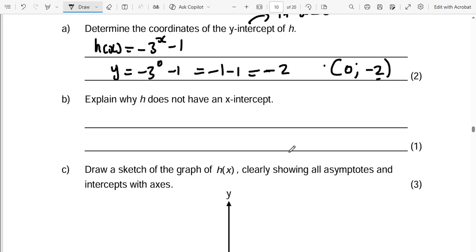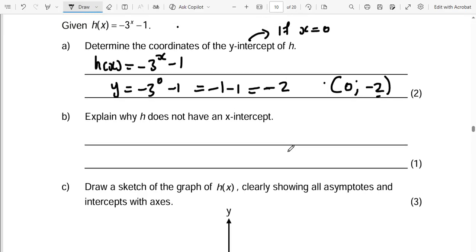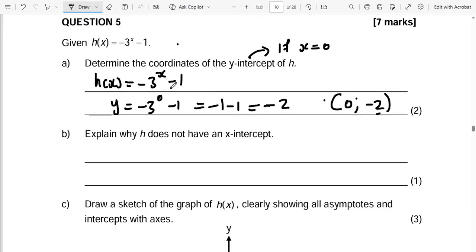This is an easy one, guys. In most cases, when you find the asymptote to be negative and the value of a is negative, just note that in your graph the asymptote is below the x-axis.